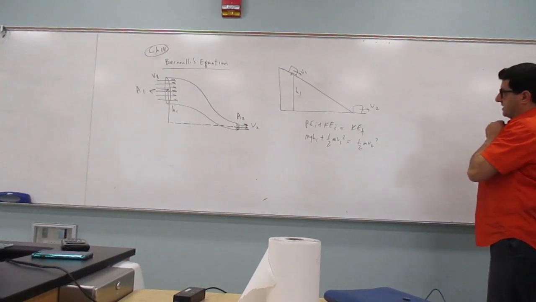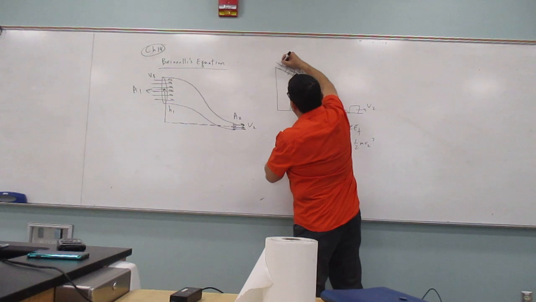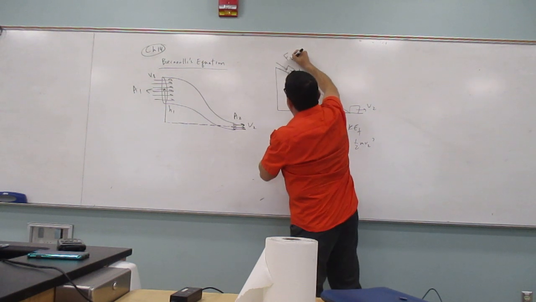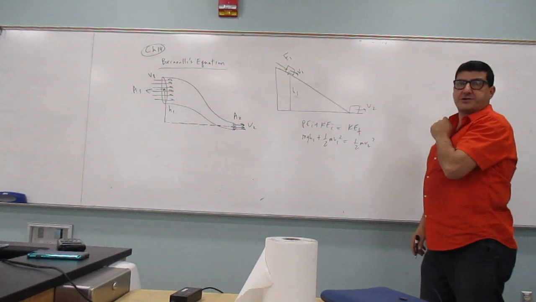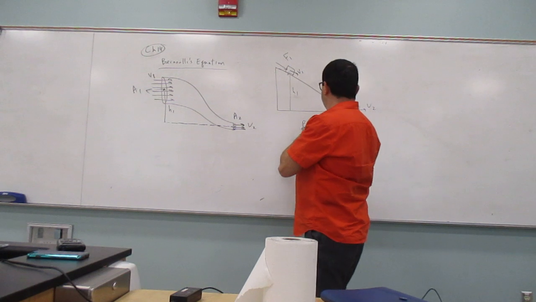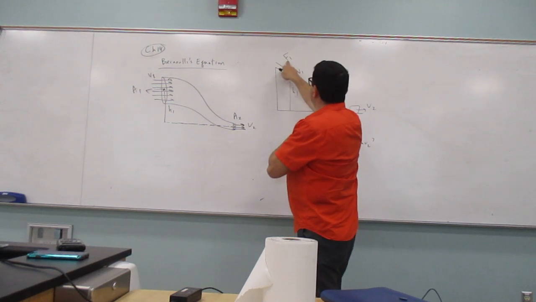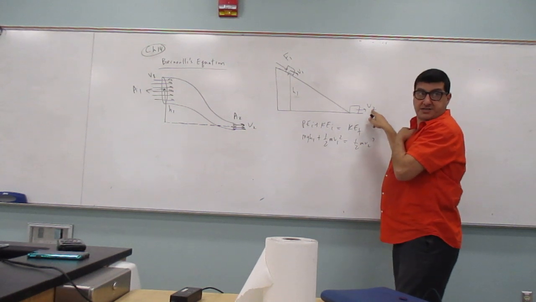Right? On top of that, if we have a force exerted on it, F1, that force is going to do a certain amount of work, right? So then, because that force is pushing it, it's going to end up with an even higher velocity.